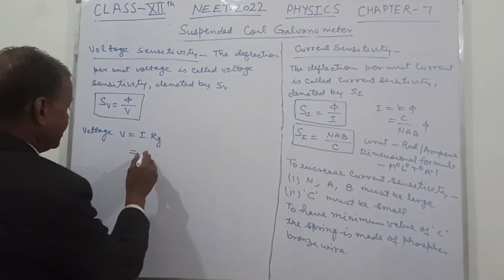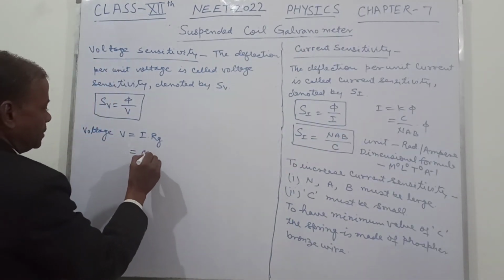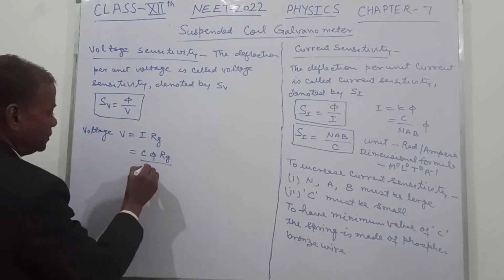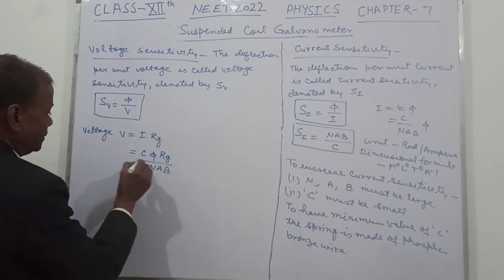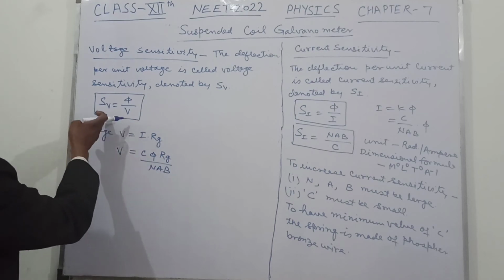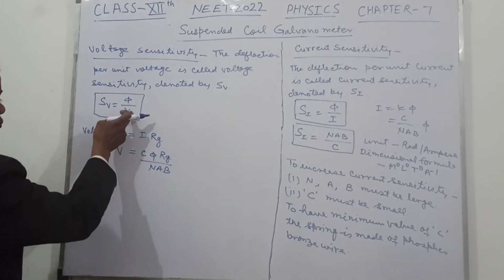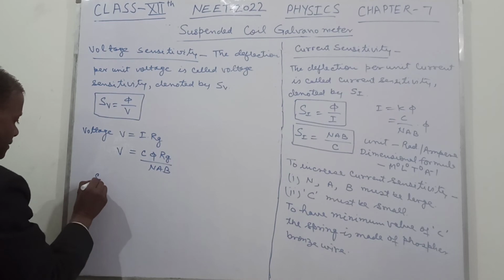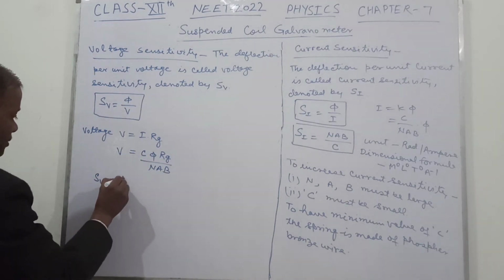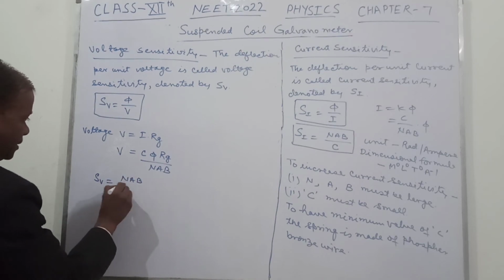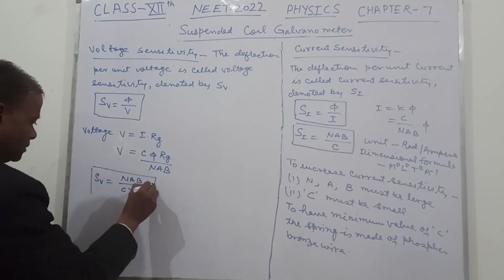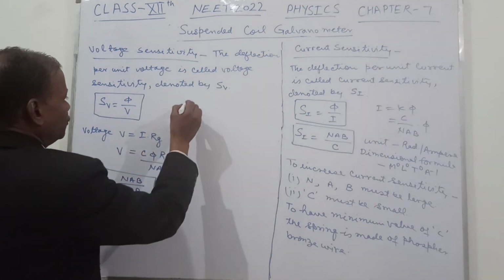So we can give this as C into phi into RG upon NAB, which is equal to V. So this SV is equal to phi upon V, which is now NAB upon C into RG.